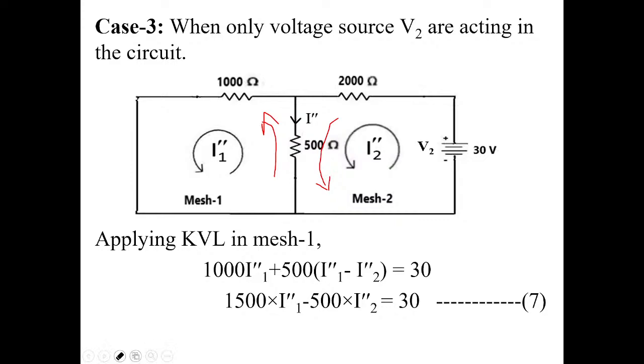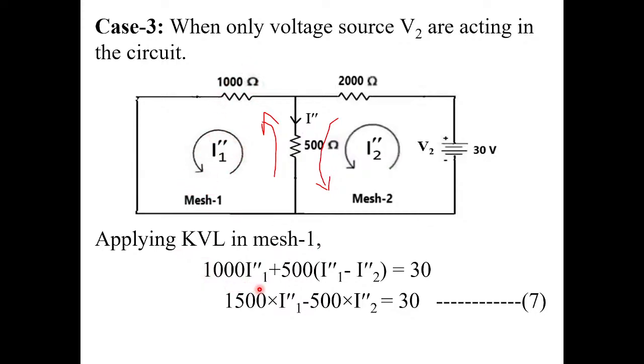You just carefully observe, I2 double dash current and I1 double dash current both are anti-clockwise. So differential current will flow through 500 ohms. So what about when you apply KVL in mesh 1? The current through 1000 ohms is what? I1 double dash.